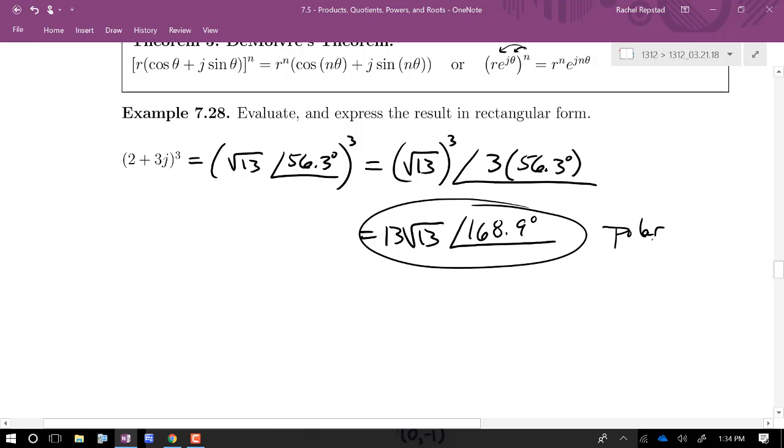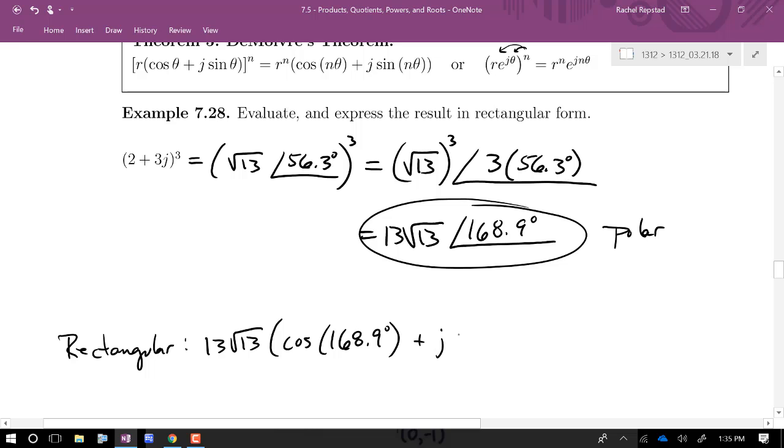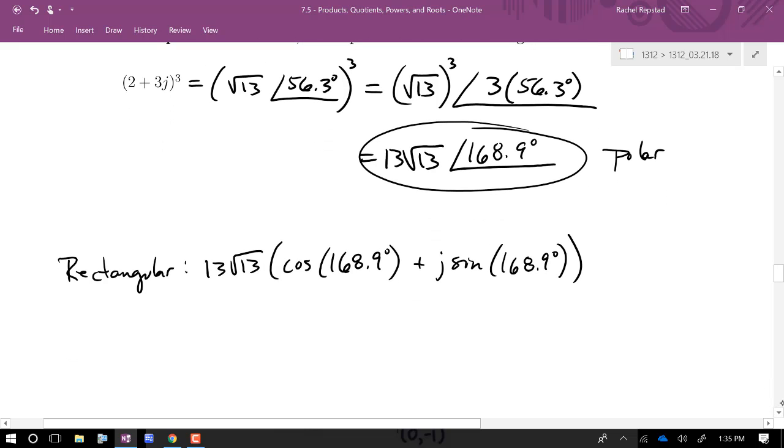We want it in rectangular form, so let's do that. We're starting with 13 root 13. I'm going to use the trig form to write it here: cosine 168.9 plus j sine 168.9. And we distribute.